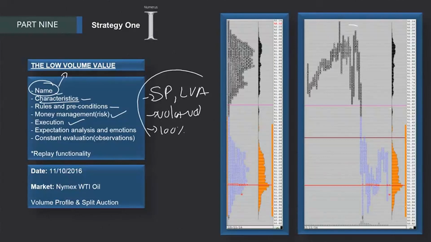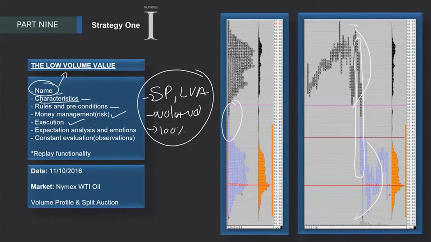So these are three vital conditions. We can see it in this example. We can see the single prints with the low volume area. We can see a pickup in the volatility, as explained, with the sudden shift in the R and S print. And we can also see 100% range extension as explained earlier. So straight away, the preconditions are there, or the rules are there, for us to take on this trade.